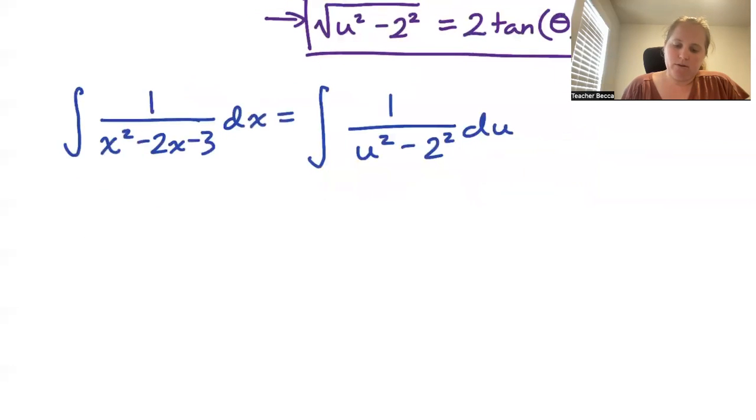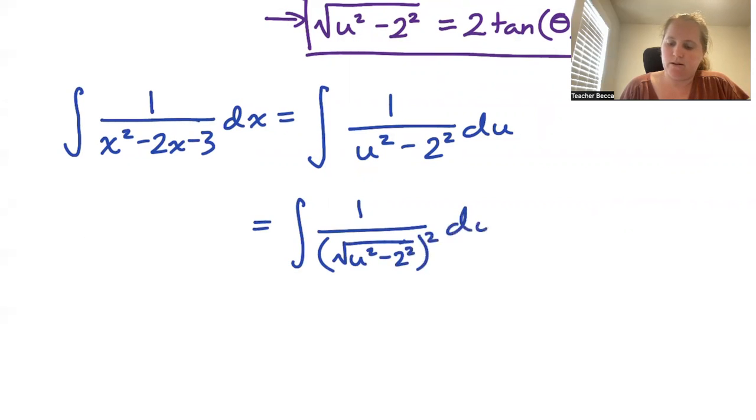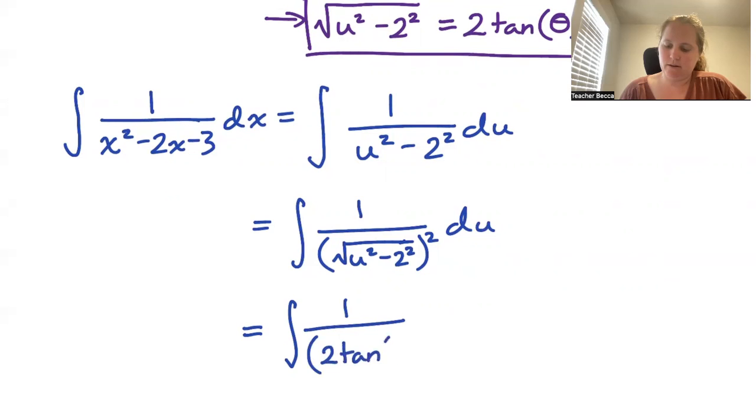This is equal to the integral of 1 over the square root of u squared minus 2 squared, that whole thing squared du. So doing our substitution, this becomes the integral of 1 over 2 times tangent of theta, that entire 2 times tangent of theta squared.